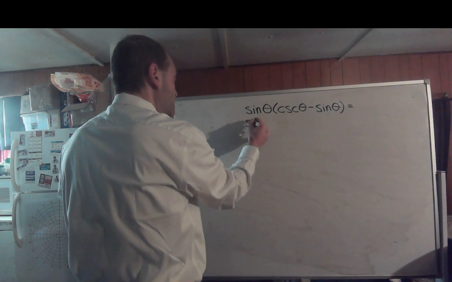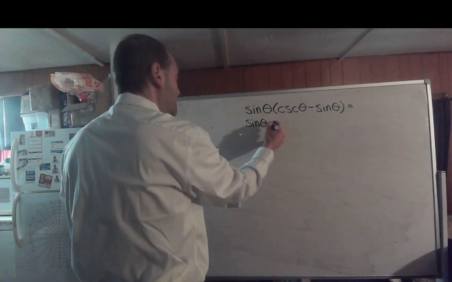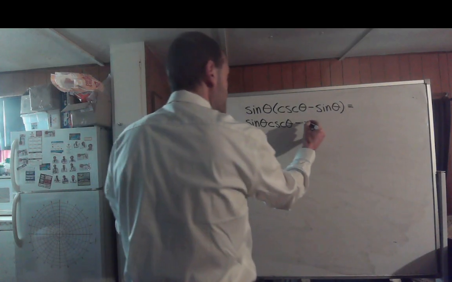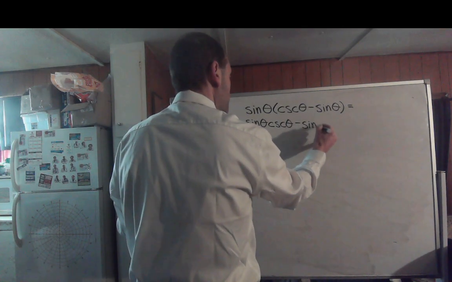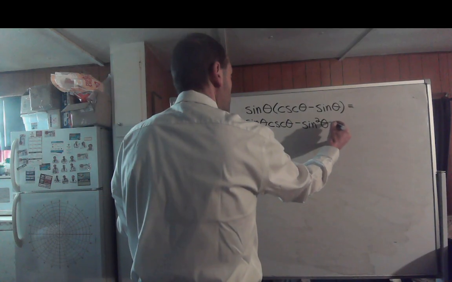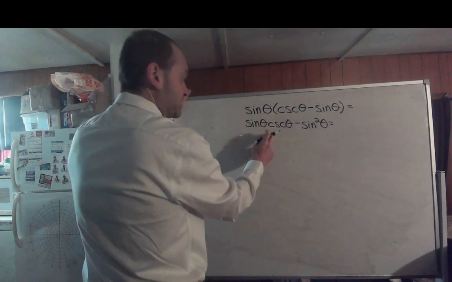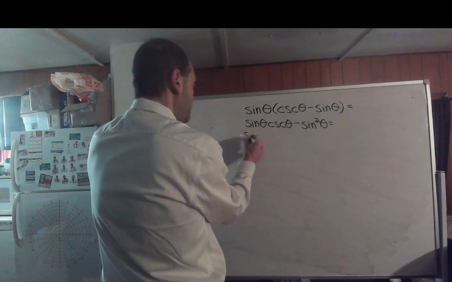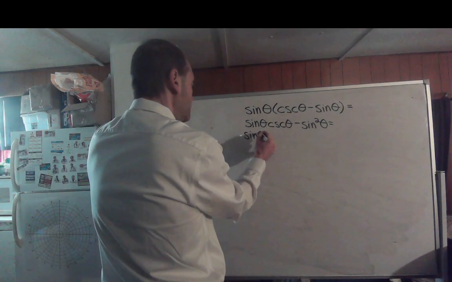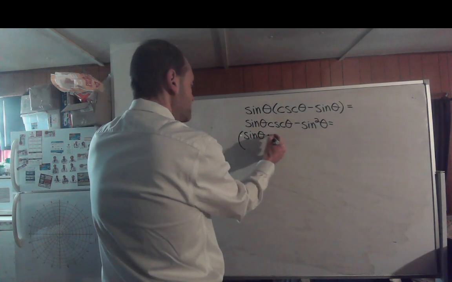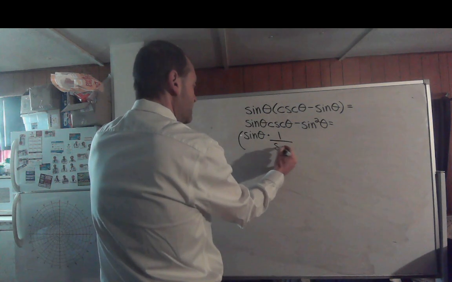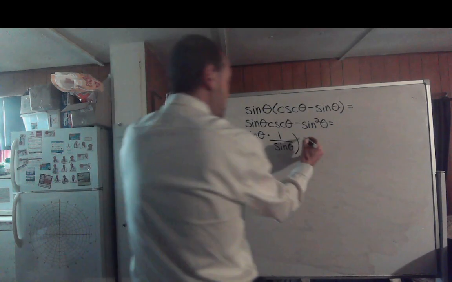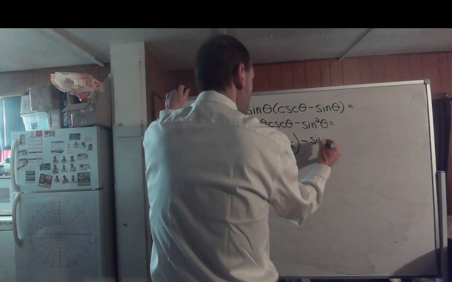So this would turn into the sine of theta cosecant of theta minus the sine squared of theta. Let's look at this first term, sine of theta times the cosecant of theta. So you'll have the sine of theta times 1 over the sine of theta, because the cosecant is the reciprocal of the sine, all that minus the sine squared of theta.